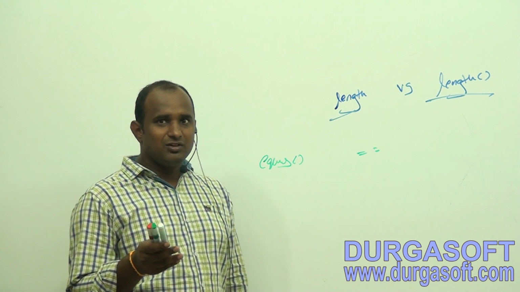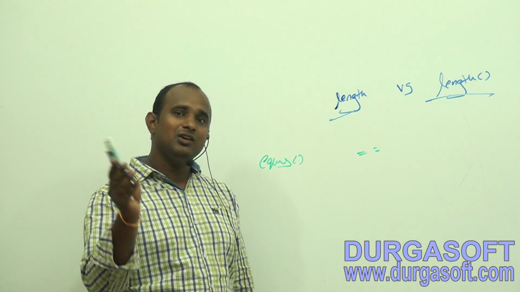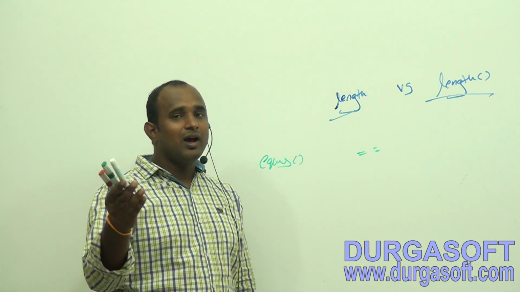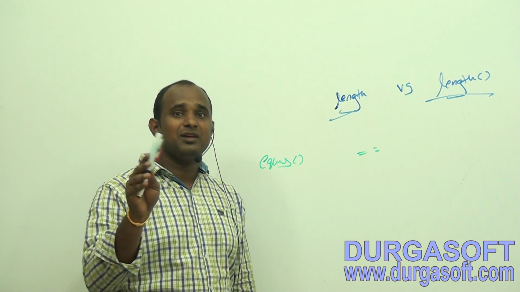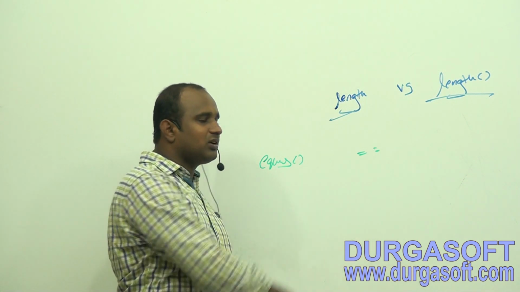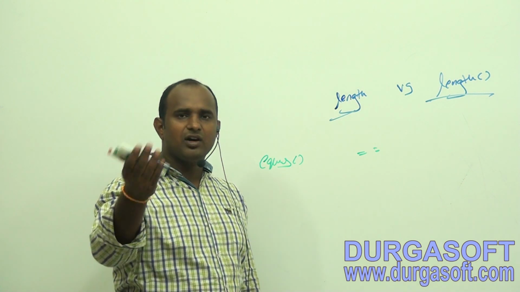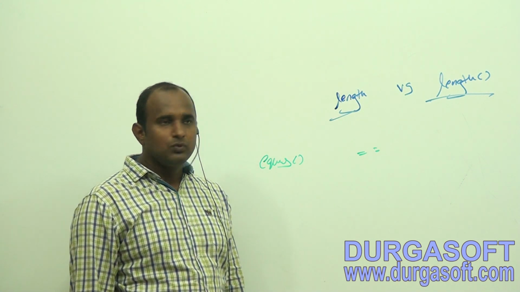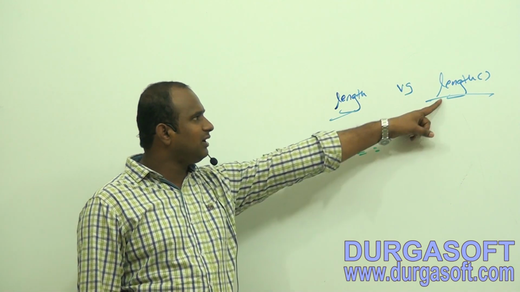So check my words and check your words. You are saying equals is a method, double equal is an operator. I am saying equals is a method present in the Object class, which performs reference comparison. Double equal is an operator that performs reference comparison. You are saying length is a variable, length() is a method.